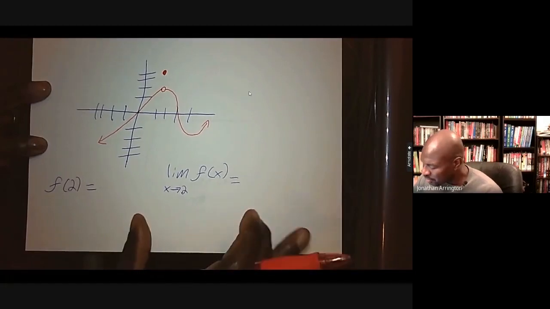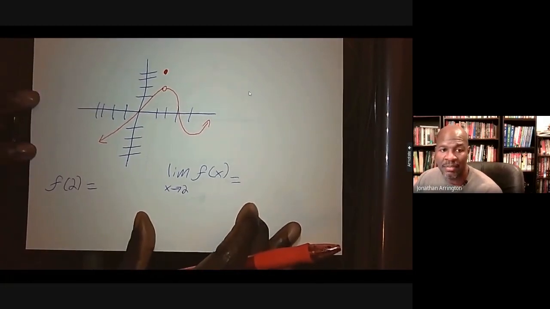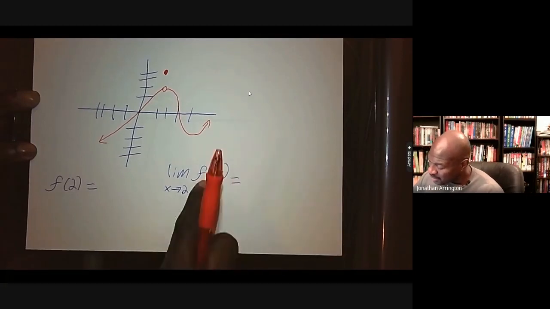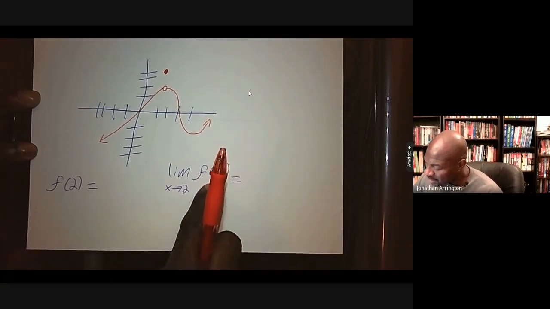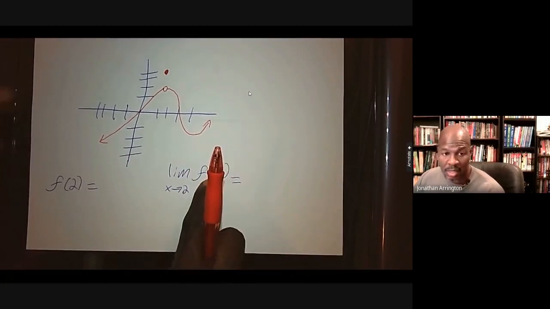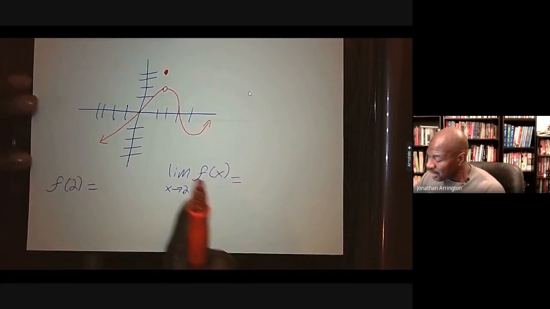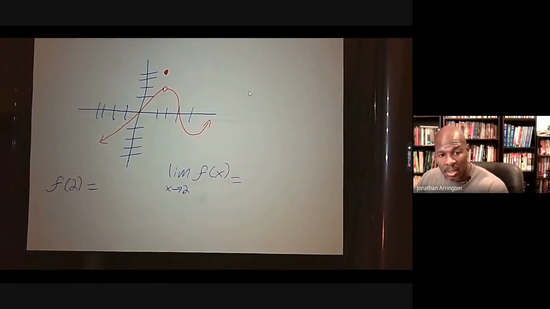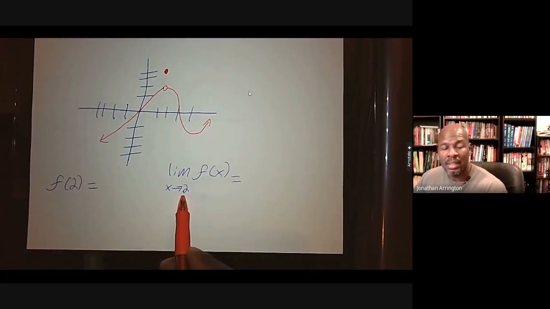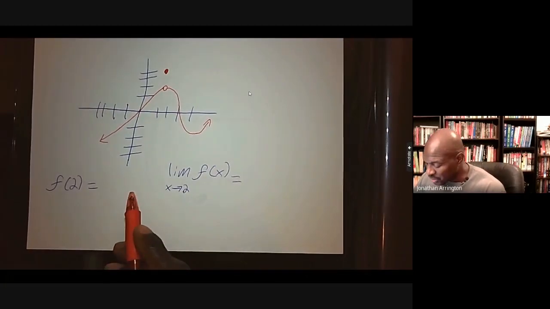And what it wants you to find is a finite value, the y value that this function, f of x, gets what we call arbitrarily close to as x approaches 2 from the left and from the right. So it's pretty technical language, but in essence, this is what you need to do.